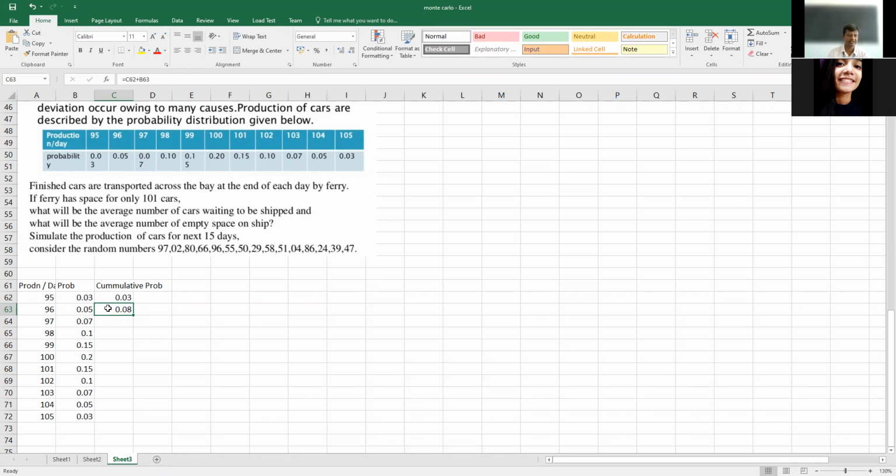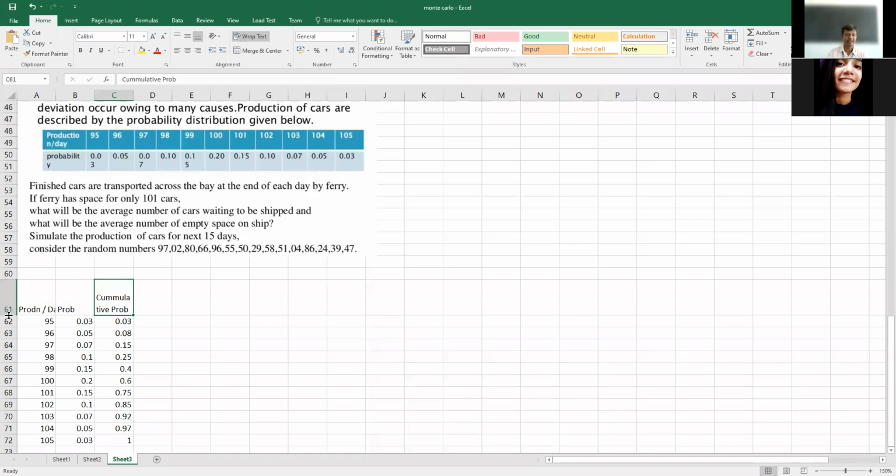So here in our case, it will be 0.03 plus 0.05, which comes to 0.08. The next cumulative probability will be 0.08 plus 0.07, which will be around 0.15. Finally, when you do this, your final cumulative probability will be equal to 1. Now we got the cumulative probability.